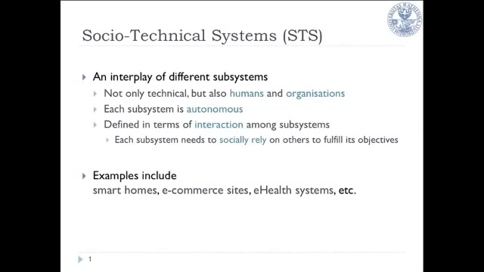So the system exists because each of these components relies on others to get information or interact with others. For instance, the healthcare givers to get input from the sensors, and the elderly or the patient to get care from the healthcare givers.